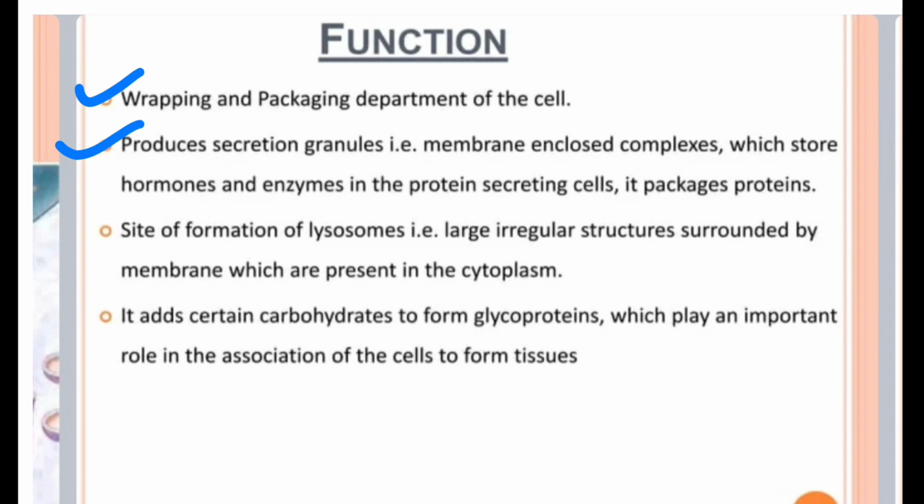We are not going to the shop directly; we just give the orders, and they come through the delivery man. That delivery man is the Golgi apparatus. It will produce and package those proteins and hormones, whatever is needed in the body, and then transport them from the intracellular fluid to the extracellular fluid.